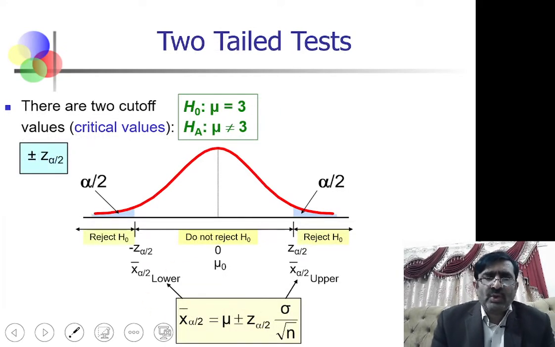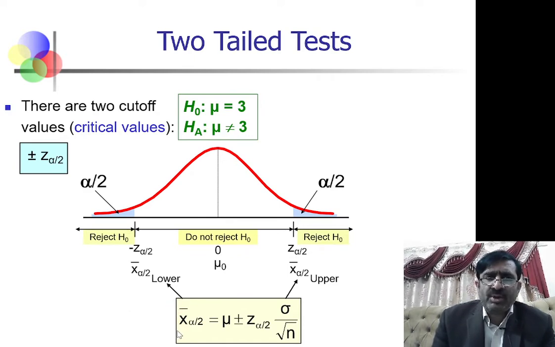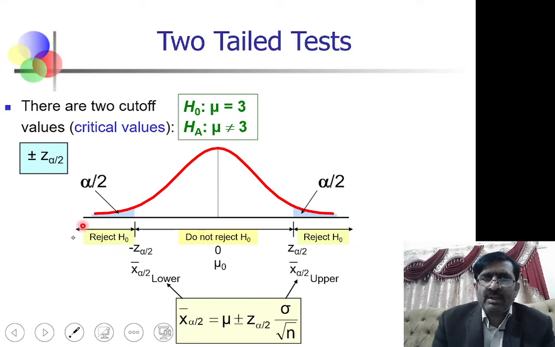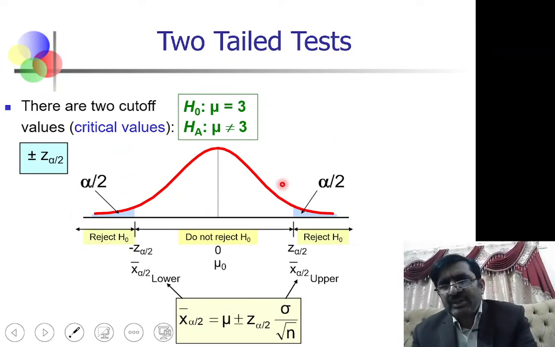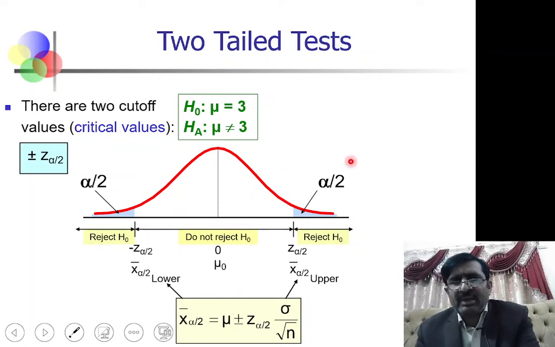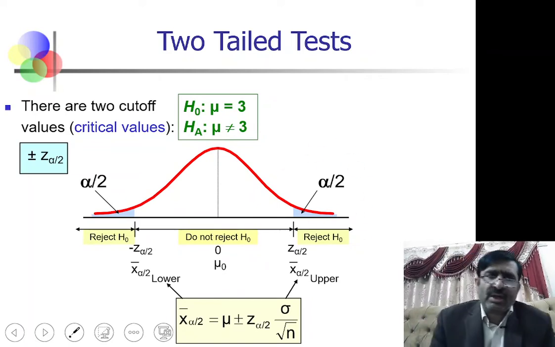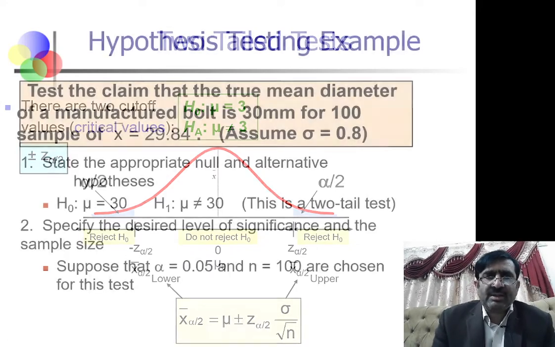For the two-tail test, for which we have an example coming, we apply this formula with alpha by 2. Why do we say alpha by 2? Because half the people will sit on the left side of the judge, 2.5% of people if the total is 5%. Half of the distribution, that's why it is coming on that side.